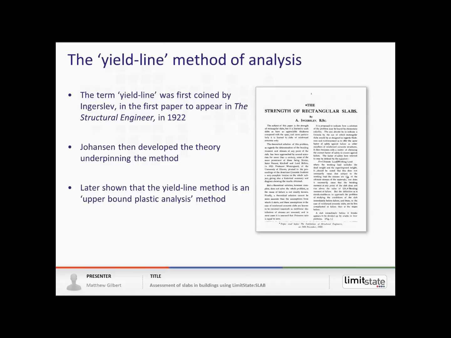But the real driver behind the method was Johansen in Denmark, and he developed a very comprehensive theory which underpinned the method. And it was later shown that the yield line method is essentially an upper bound plastic analysis method within the context of the plastic theorems which were developed in the 50s and 60s.